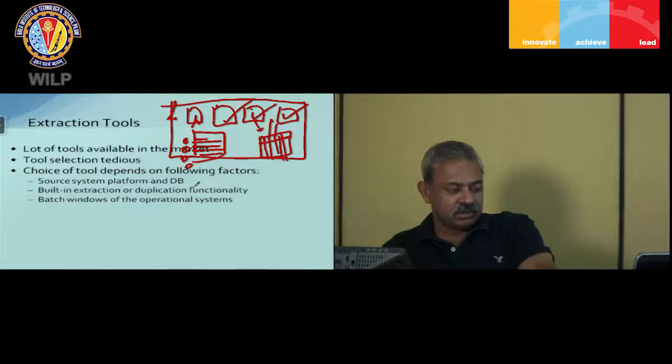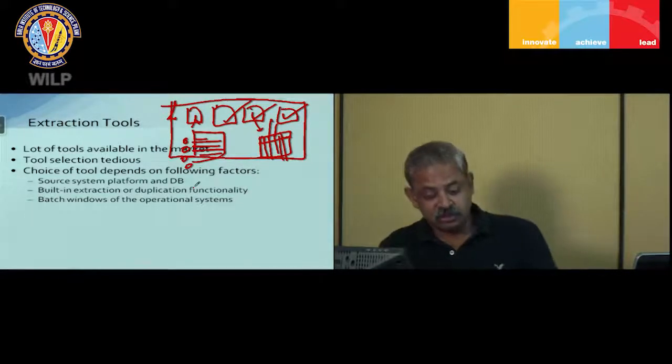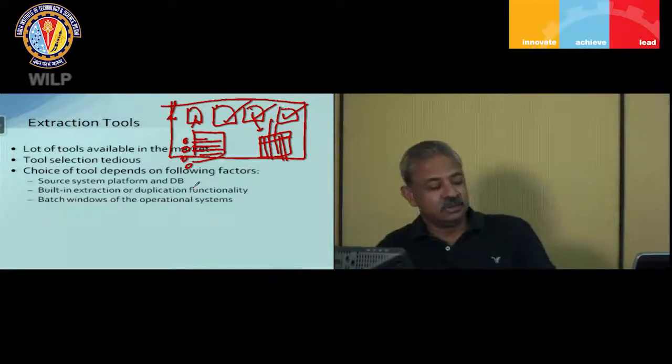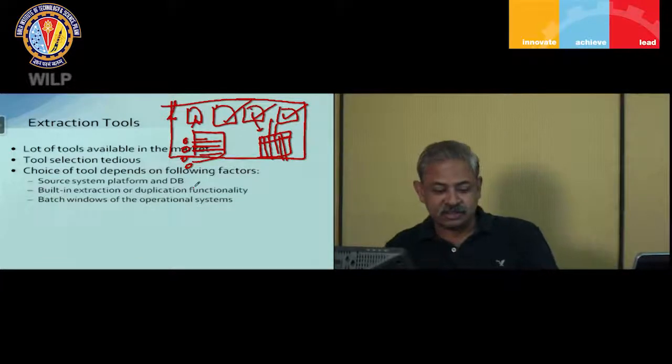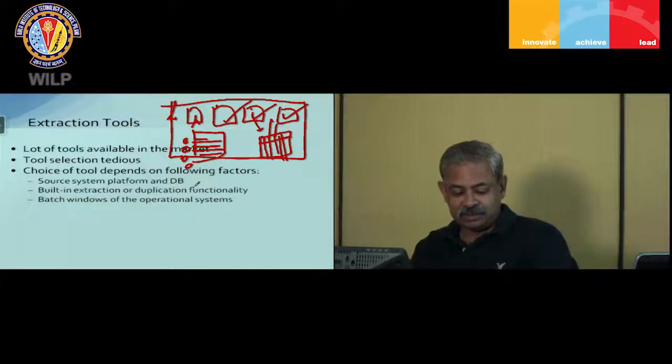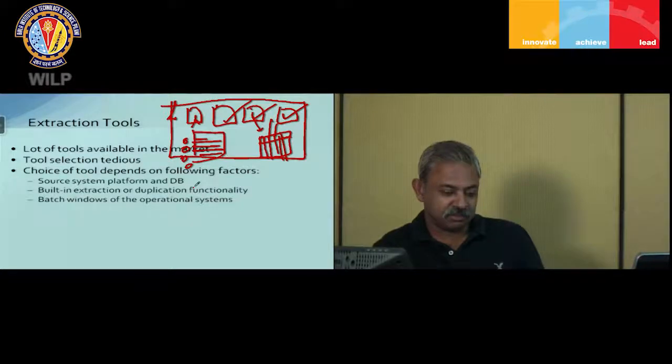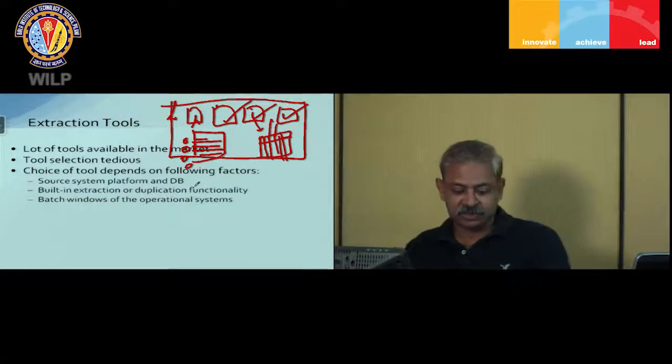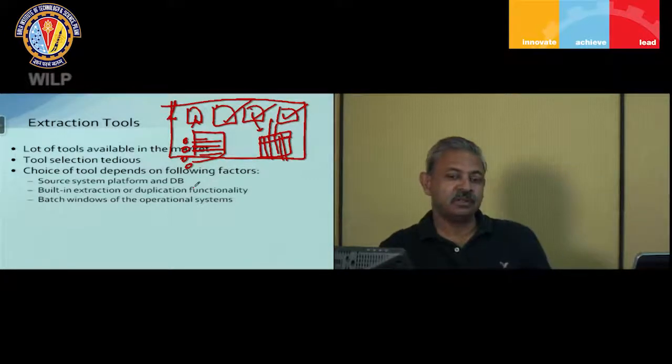Then we have what are called extraction tools. There are lots of extraction tools available in the market, so much so that the selection becomes tedious. Like a decade back, or maybe 15 years back, if you went out to buy a car, you had only 2 options, right?